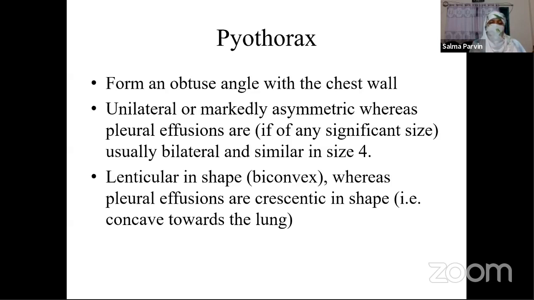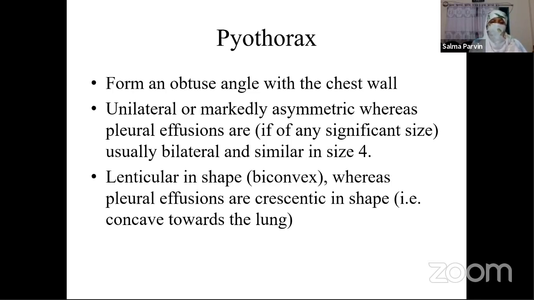Sometimes we get effusion in association with tuberculosis mostly, and sometimes we get additional infection or the presence of pyothorax from its early onset. So how can I differentiate a pyothorax from a benign effusion?